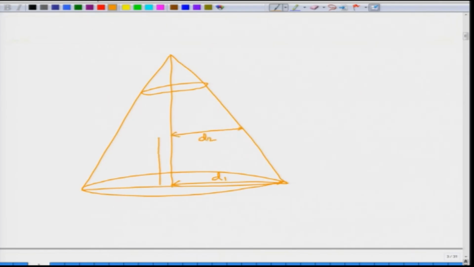For a change in height of h, we are seeing a change in diameter of d1 minus d2, which we can write as delta d. So, the taper is the change in diameter divided by the change in height. So, it is delta d divided by h or d1 minus d2 divided by h. This is the taper of this particular solid.